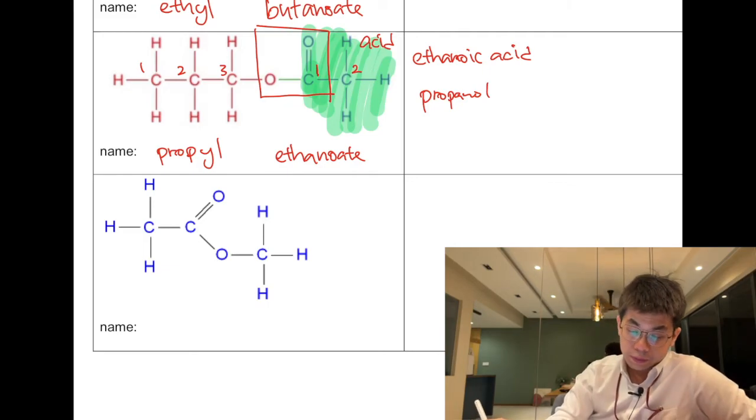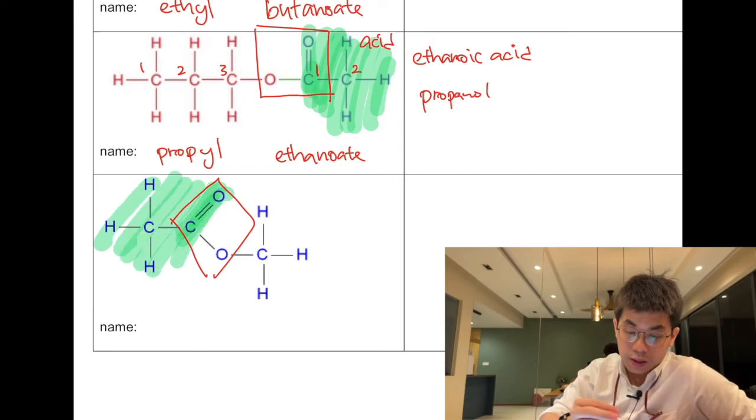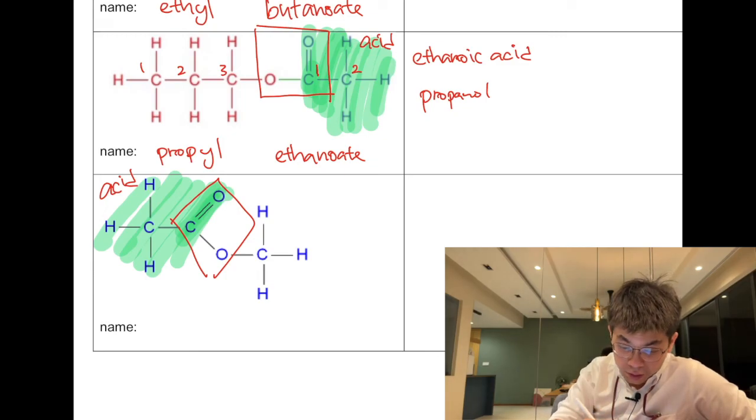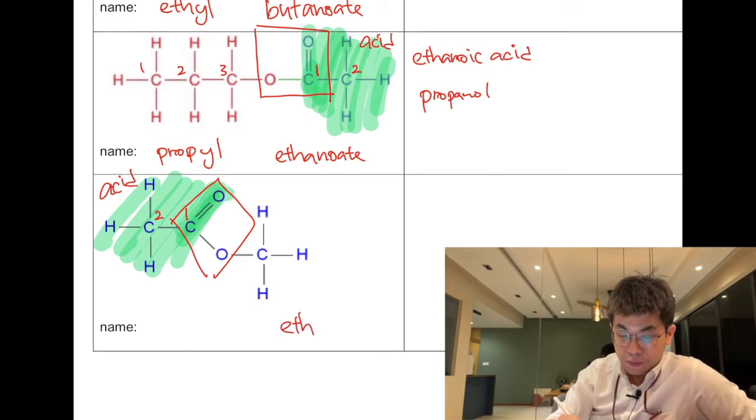Okay? Last one. Step 1, find the link. Step 2, find the C double bond O, and remember that this side is the acid. Step 3, count the number of carbons, including the C double bond O carbon. 2 carbons, so this is eth, and because it's on the acid side, it's ethanoate.